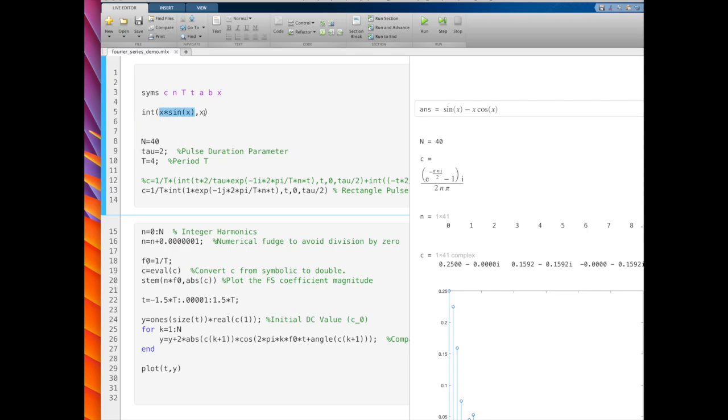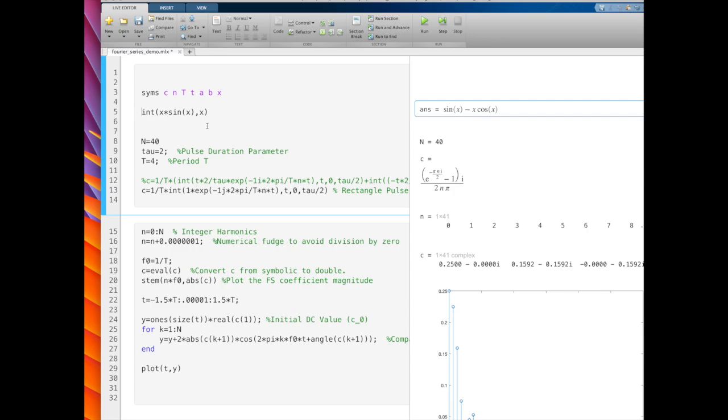The second argument is the variable of integration. You can add definite limits, but this is going to calculate an indefinite integral. When you hit run, it will run through there and update and give you this as the answer. So watch my mouse. That's the answer for this integral.